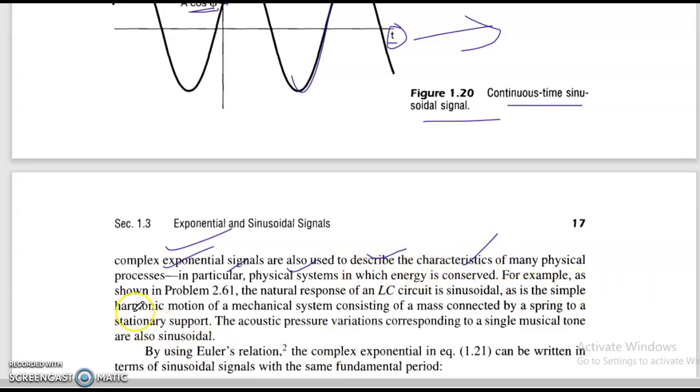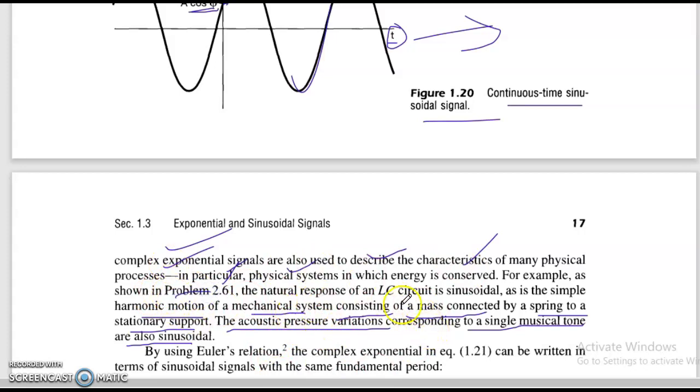For example, as shown in problem 2.61, the natural response of an LC circuit is sinusoidal, as we have seen in problem 2.61.